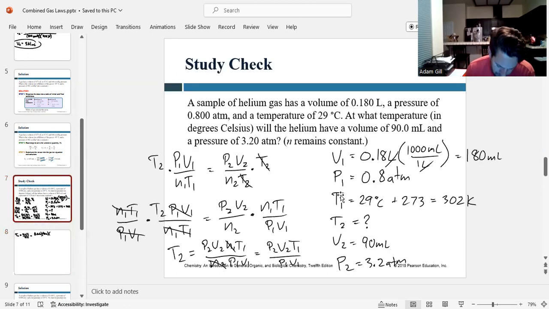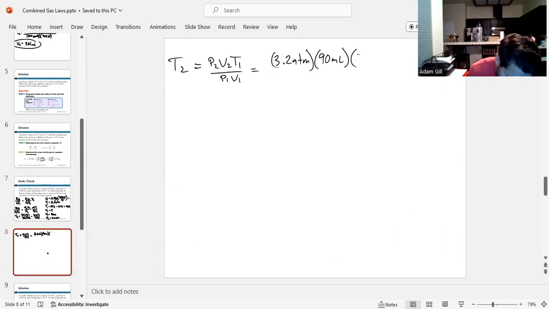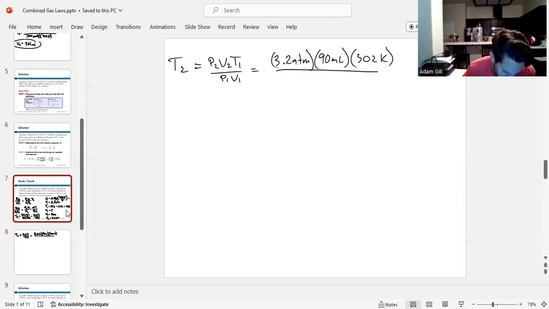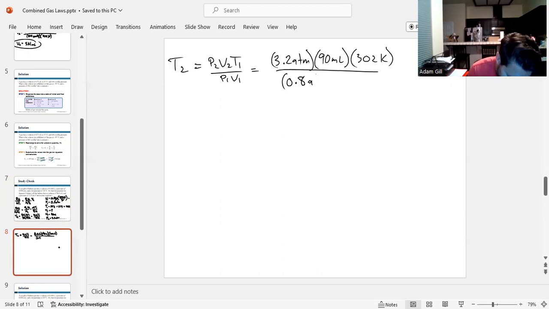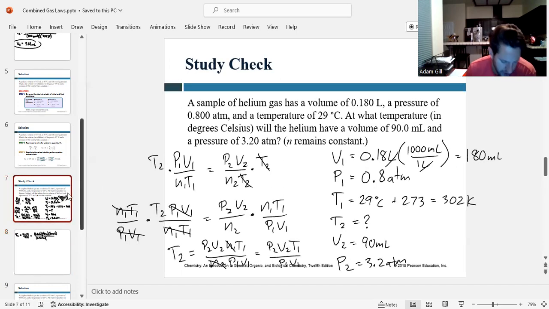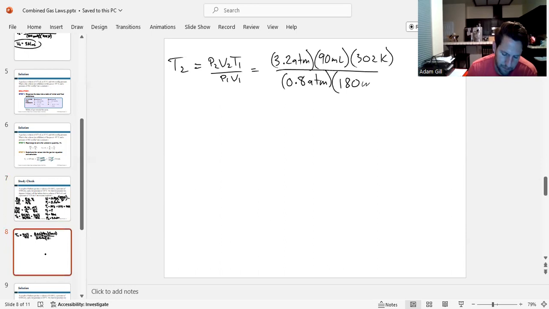And the initial temperature was 302 Kelvin. The initial pressure was 0.8 atmospheres. And the initial volume was 180 milliliters. So if we're paying attention to our units, milliliters cancels milliliters, atmospheres cancels atmospheres, and we're left with Kelvin, which is in fact the unit of temperature. So we probably did the algebra right.